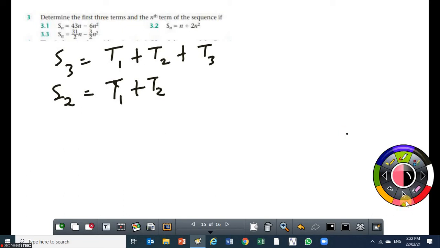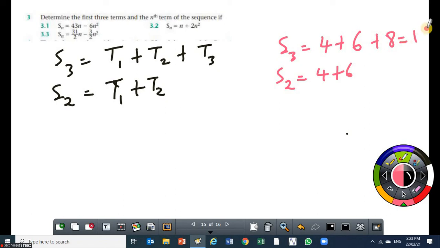Before I do the example, you need to be aware of it. If I give you, say, S3 as 4 plus 6 plus 8, and then I say S2 equal to 4 plus 6. What's the total here? 18. Am I right?